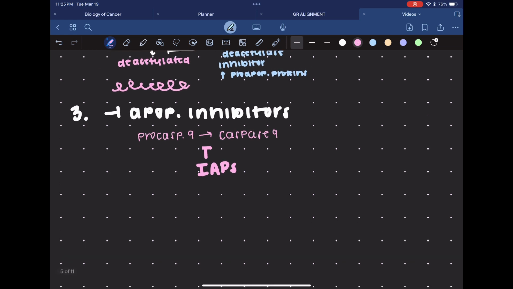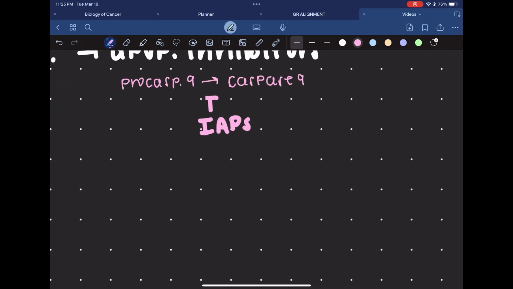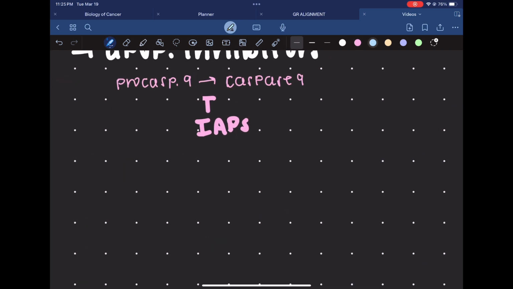We can take these molecules called polyphenol ureas, which essentially mimic SMAC/DIABLO, and these are going to inhibit IAPs.